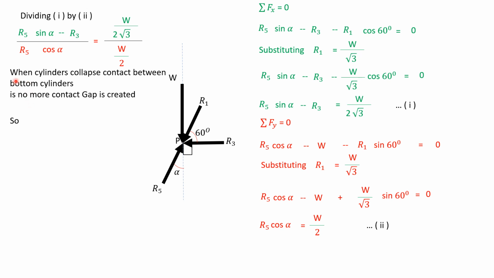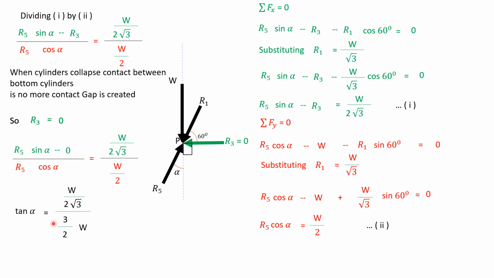When cylinders collapse, their contact point breaks down, so there is no contact and a gap is created. So R3 equal to 0. Substituting R3 equal to 0, we get tan alpha equal to 1 by 3 root 3, and alpha we get 10.9 degrees.